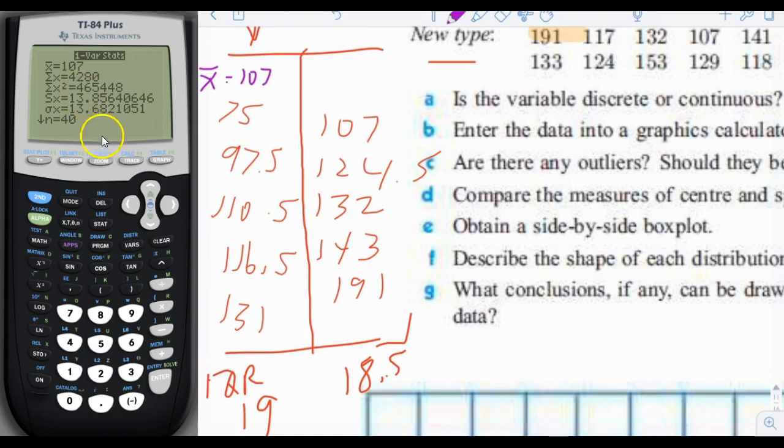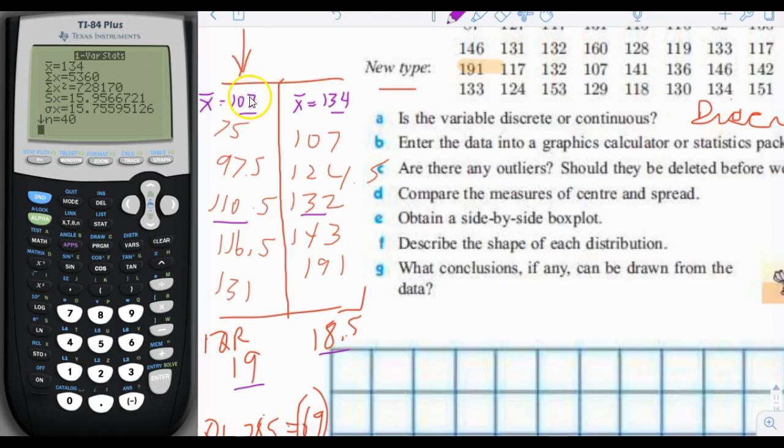And for the new data, look at L5, and it's 134. So if we compare the old globes to the new globes, there is quite a big increase in the measurement, right?